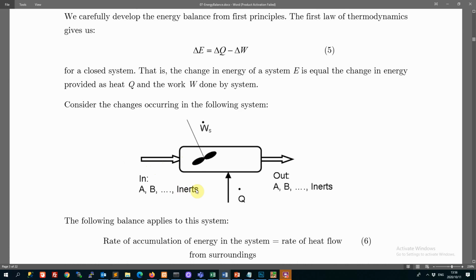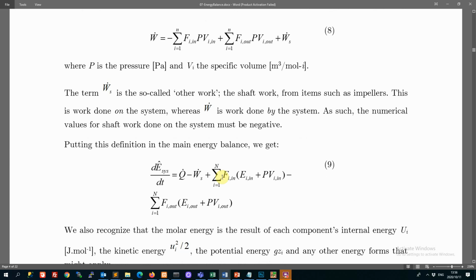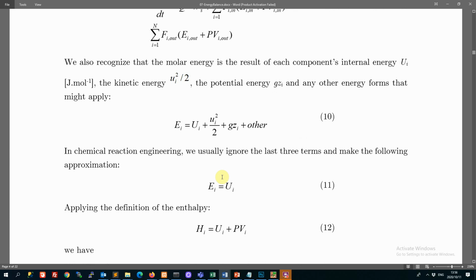So you've got some inert flow, inert because it's not reacting, but it's still carrying energy in, and then we don't know how much inert is coming out. So F inert out might be different to F inert in. So that is another energy concern. So we have to include the flow of inerts when doing the energy balance, right? The inerts might influence us in terms of mechanical energy or thermal energy.